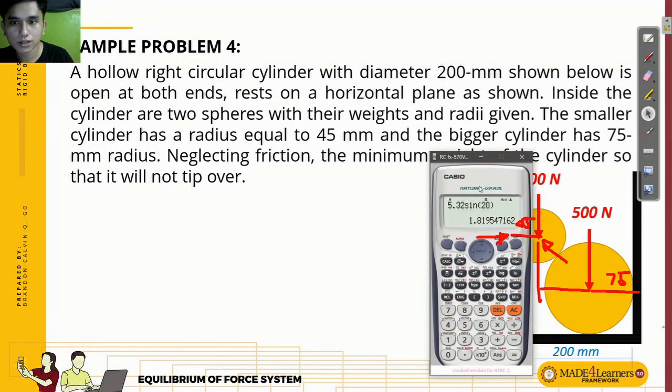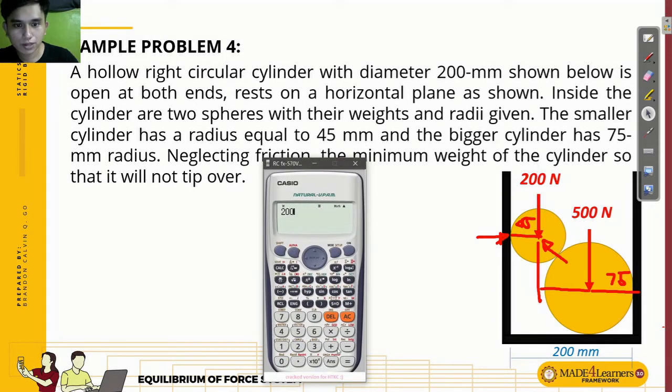So, we have 200 minus 45 minus 75, so, therefore, ang horizontal distance is 80. And we know, ang distance ani, radius sa smaller sphere o sa bigger sphere, so we have 45 plus 75. So, pila man? 45 plus 75 is equal to 120.